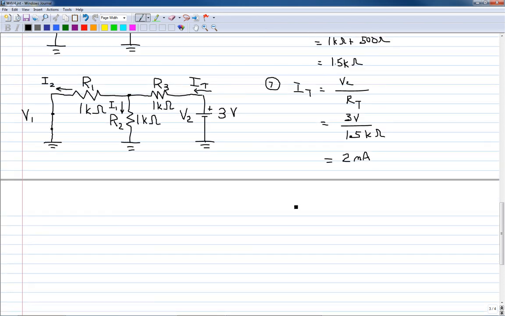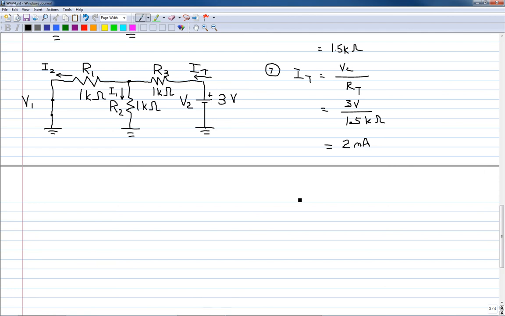Alright, in step number 8, we can determine what that current's going to be using, again, the current division rule. So we have I1 is equal to I total times R1 divided by R1 plus R2.